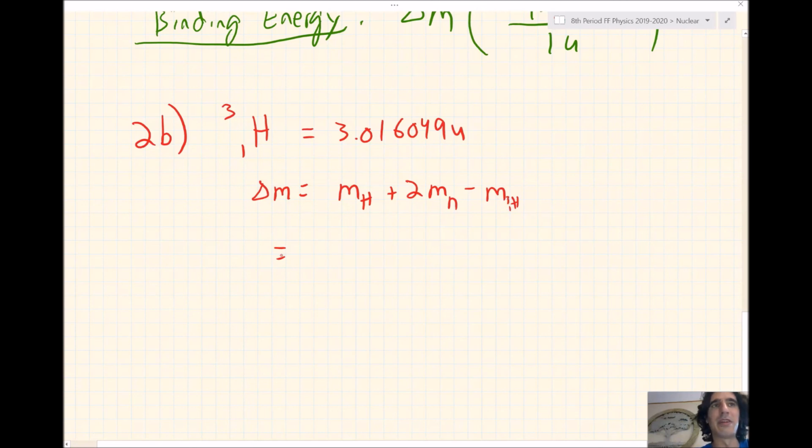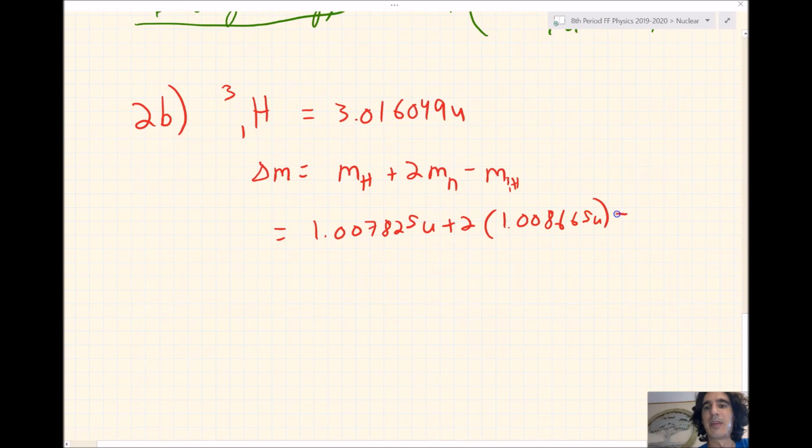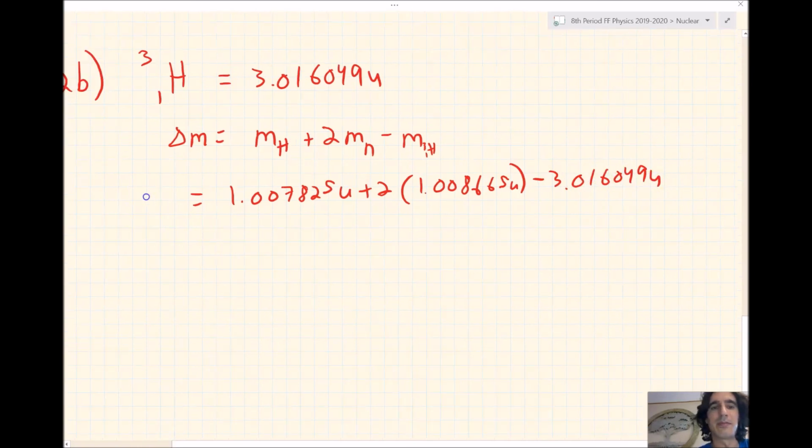So all we'll do is plug and chug. For the mass of the hydrogen atom, that's 1 proton and 1 electron, 1.007825 U's, plus 2 times the mass of the neutron, 1.008665 U's, and then minus the mass of the tritium nucleus, 3.016049 U's.